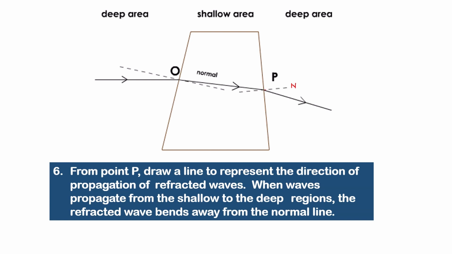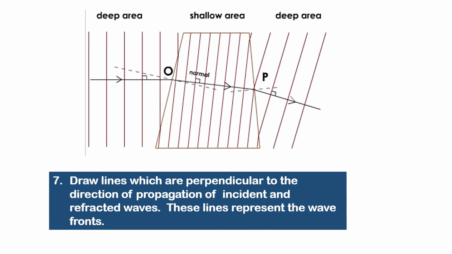Therefore it will bend away from the normal line. So this is the normal line. If it does not bend, it will go straight like this, right? When we say away, it goes down from the original line like this. So it will bend downward, following this direction. Now you get the direction of the wave in the deep area, shallow area, and again deep area.